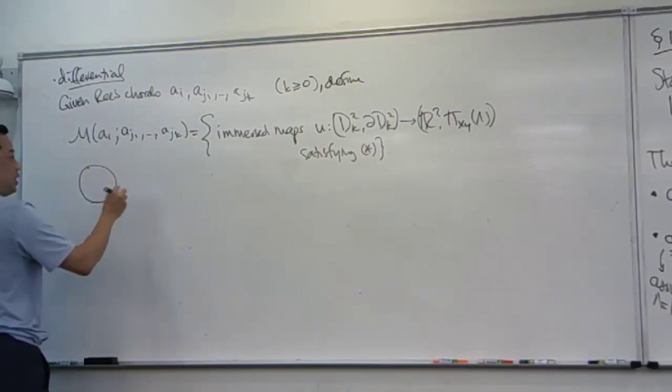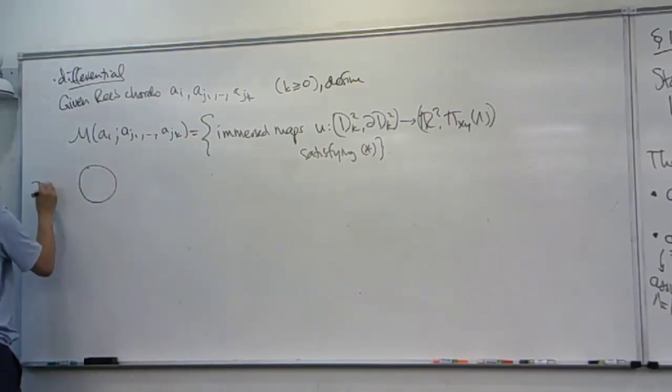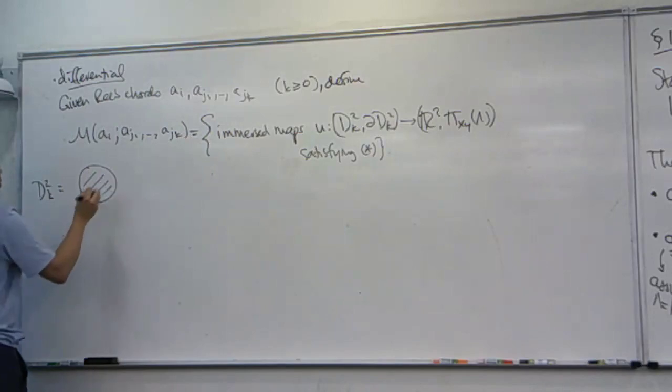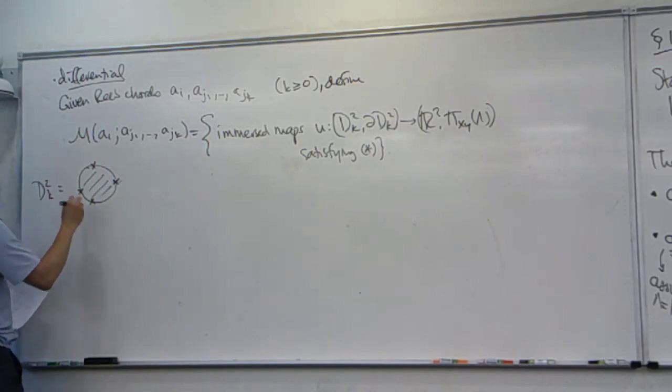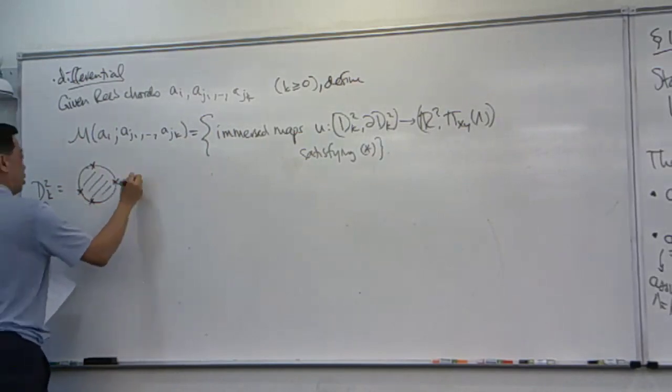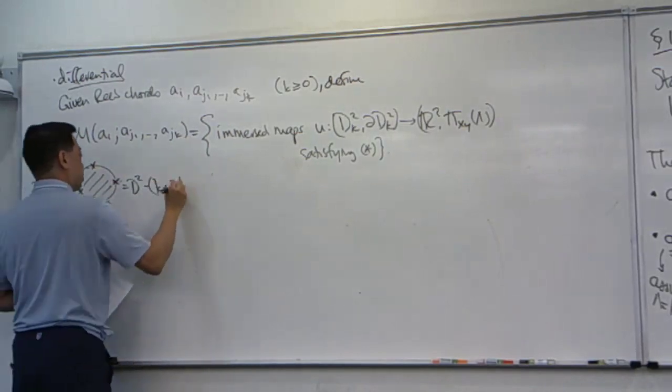What's D_K^2 is just a 2-disk, but with K plus 1 punctures on its boundary, so it's D^2 minus K plus 1 boundary punctures.